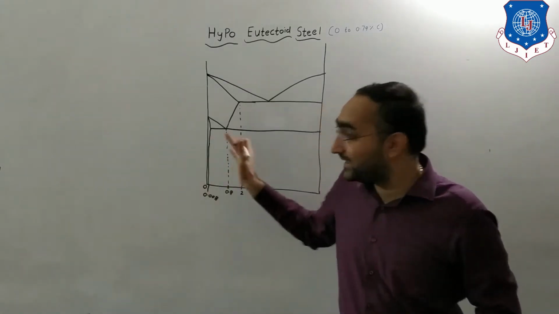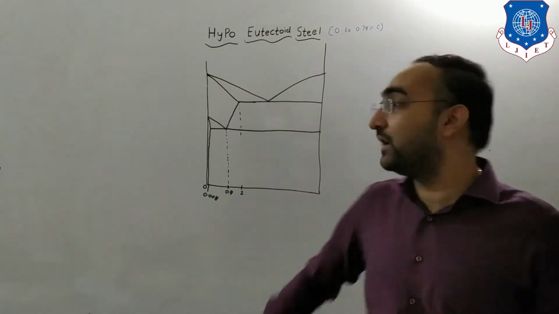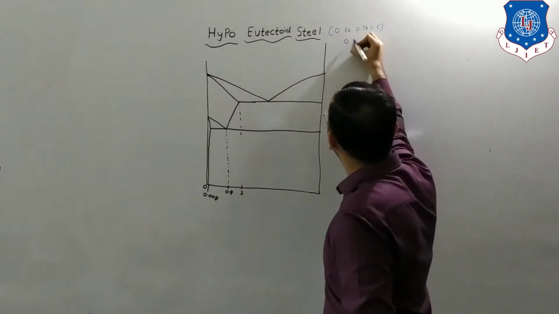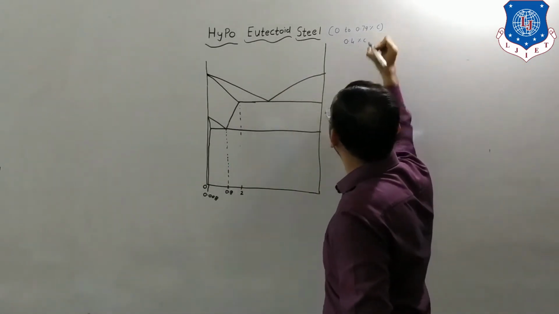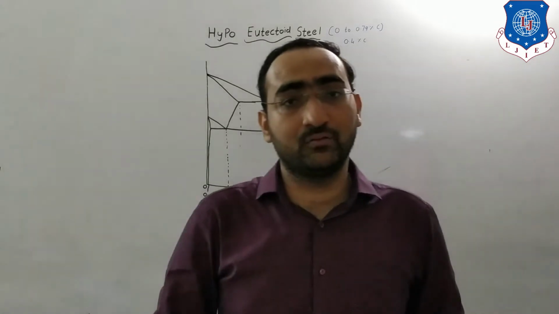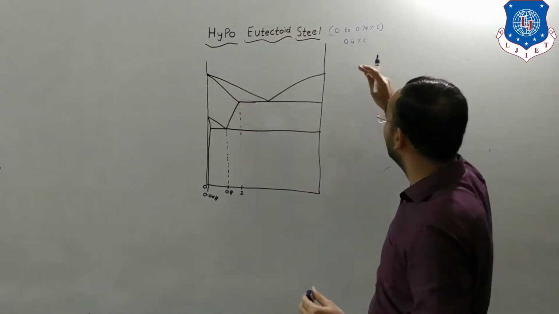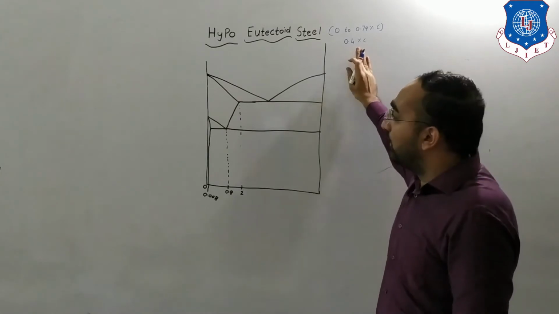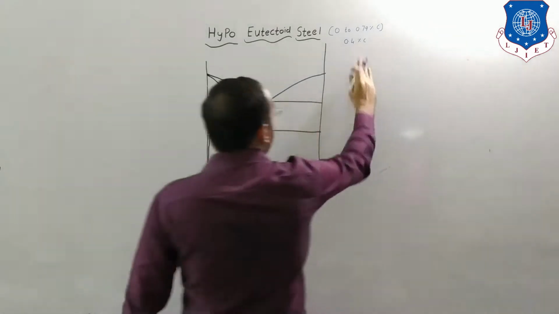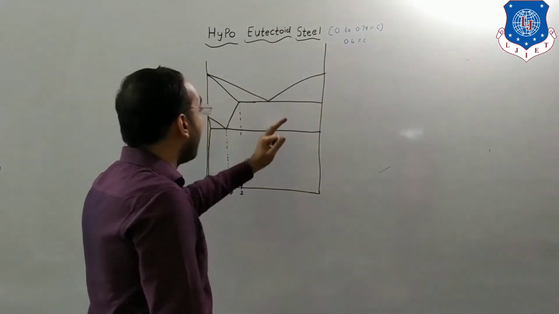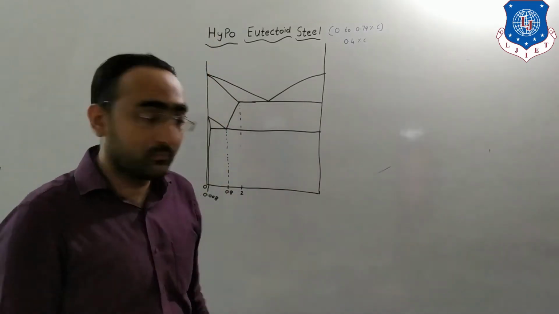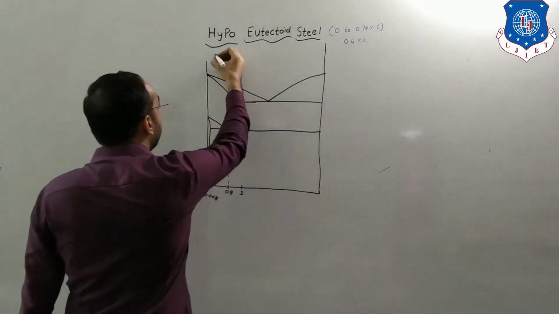So, in today's lecture, let us assume that we will be going for 0.4% carbon. We will be drawing the line over here between 0 and 0.8.